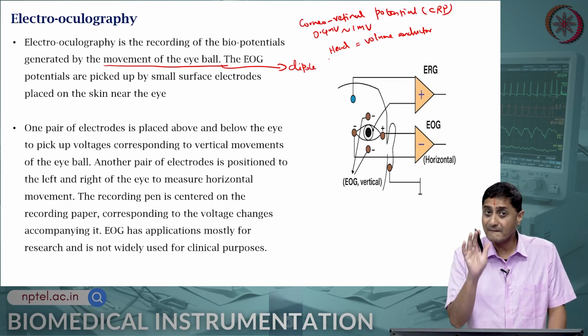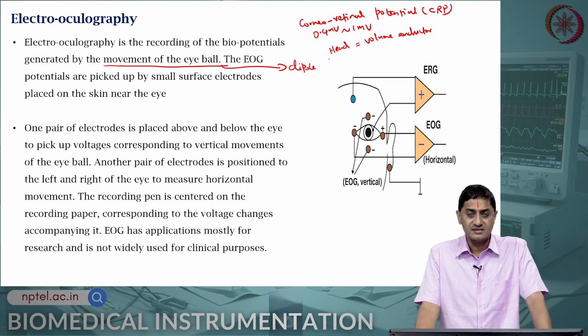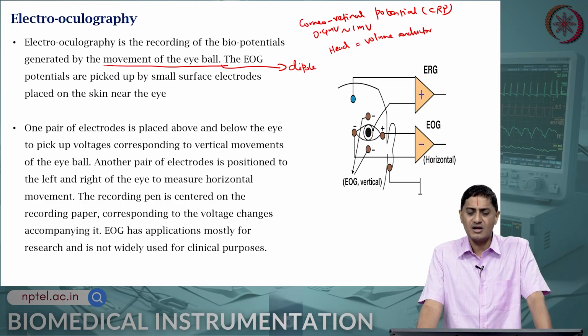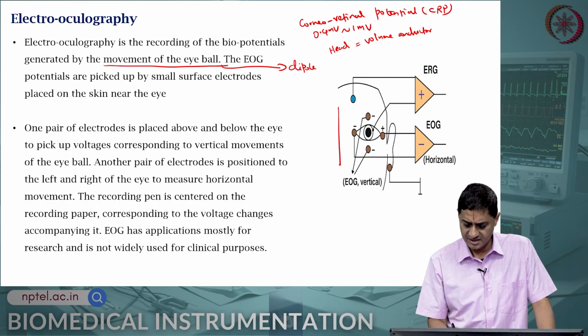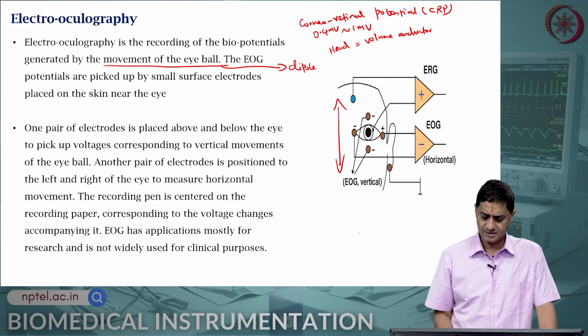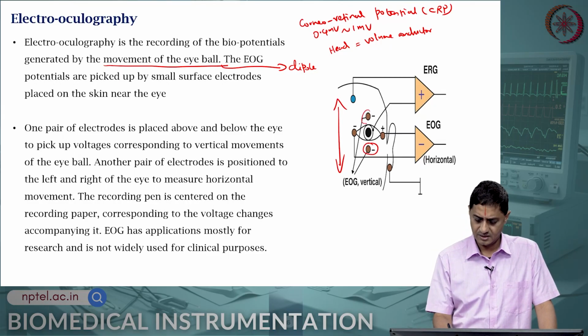It is not the muscle activity. These are picked up by small surface electrodes similar to EMG electrodes. So, you place one pair of electrodes above and below the eye to pick up the potentials that correspond to the vertical movements of the eyeball, for example, that one and that one.